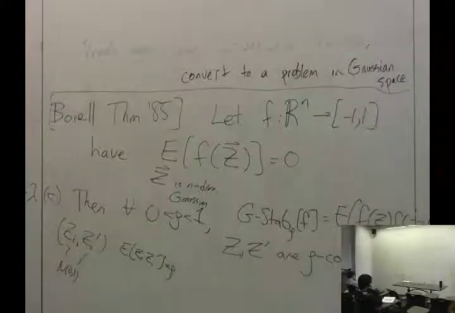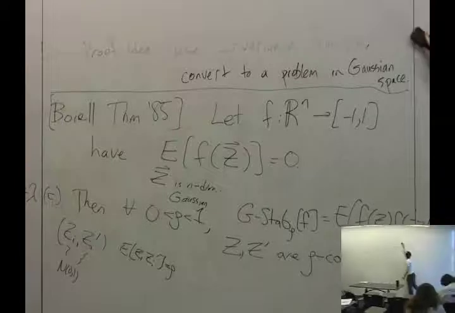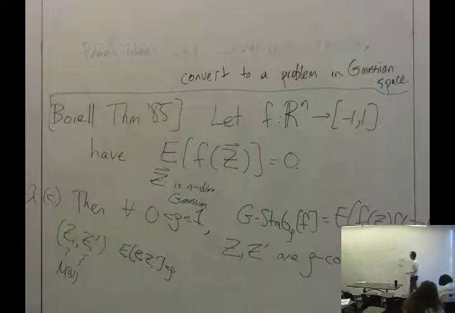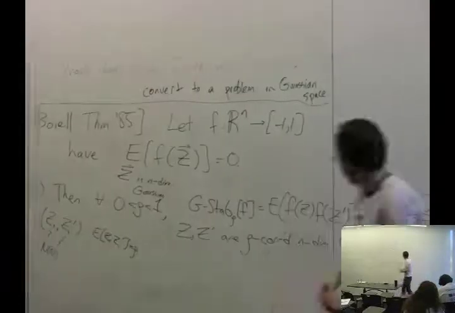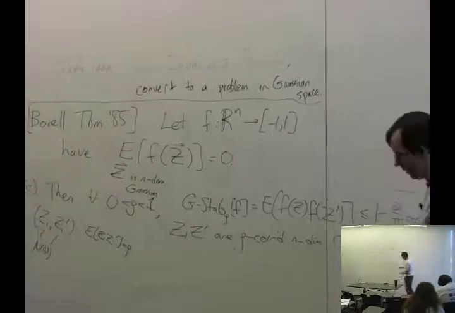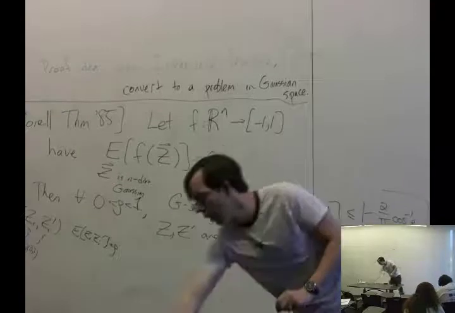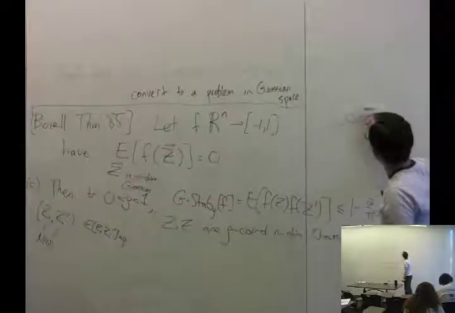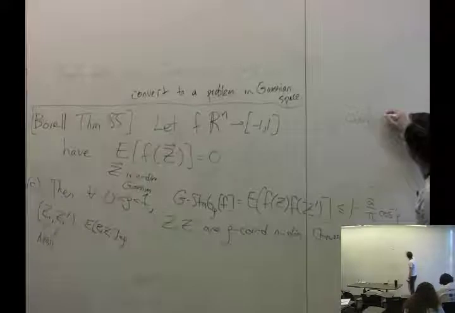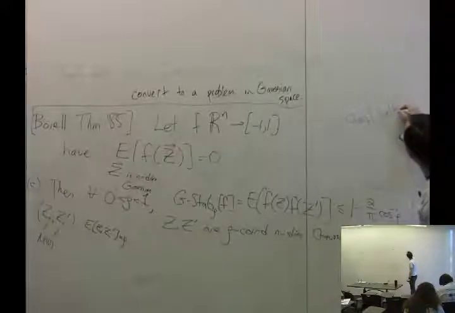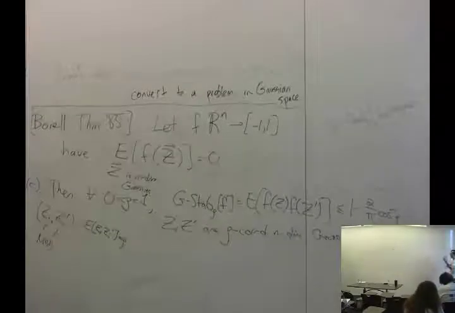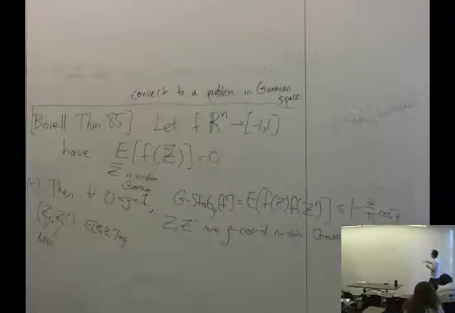And the thing on the right side is a sharp upper bound, in the sense that there's some function f which achieves this. This is exactly the Gaussian noise stability at rho of a half space. Since Gaussians are rotationally symmetric, it doesn't matter which half space you mean.